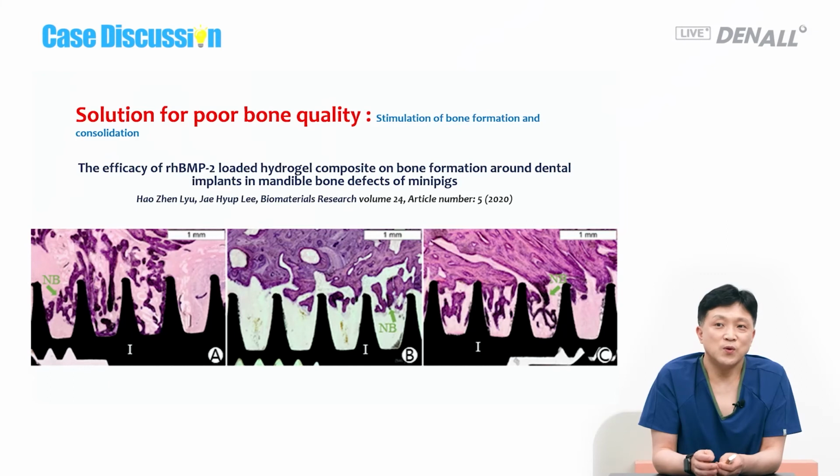BMP loaded composite is inserted there. Of course, you will have good results where BMP2 is used to grow bone faster where the bone quality is poor.